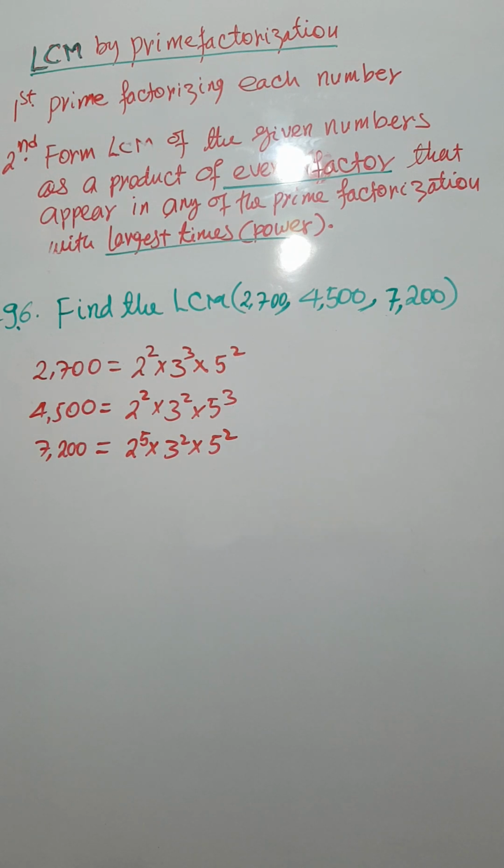So this is step 1, all the numbers are prime factorized. Then let's set the LCM as a product of every factor that appears in any of the prime factorizations with the largest power.